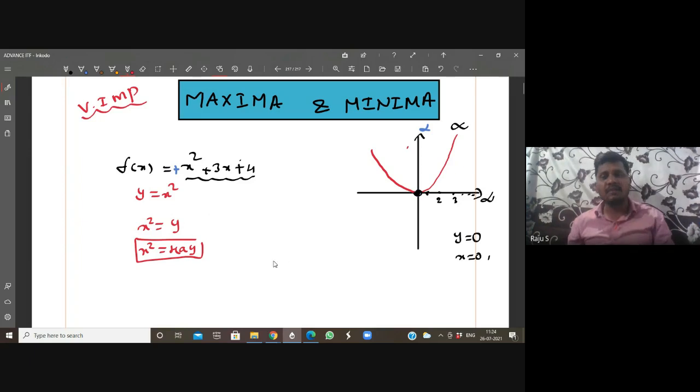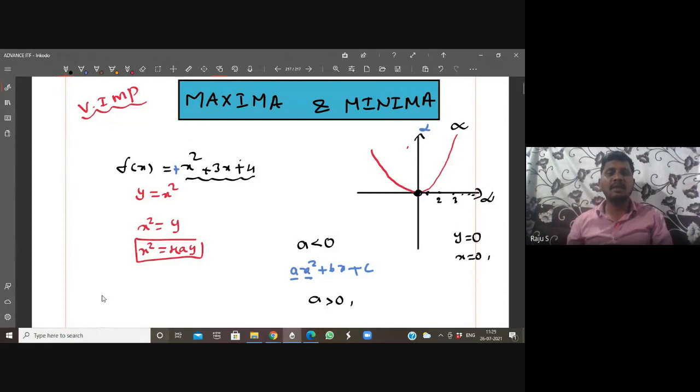It is in the form ax square plus bx plus c. The x square coefficient is a. When a is greater than 0, the function always gives a minimum value. Remember that.